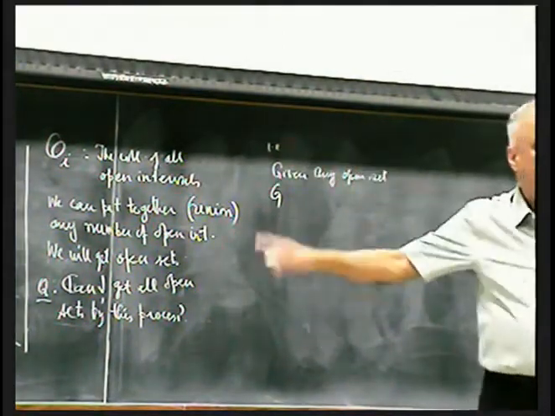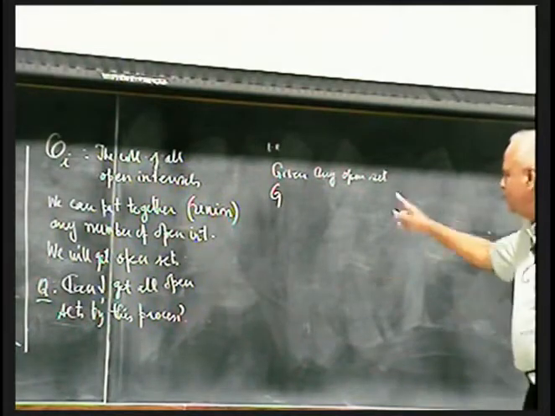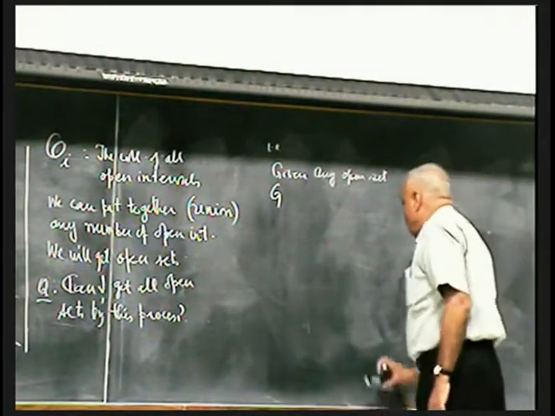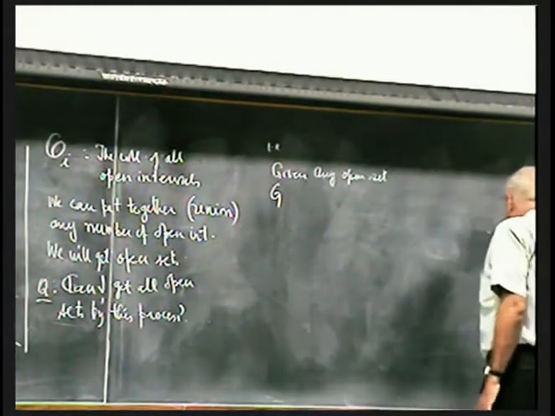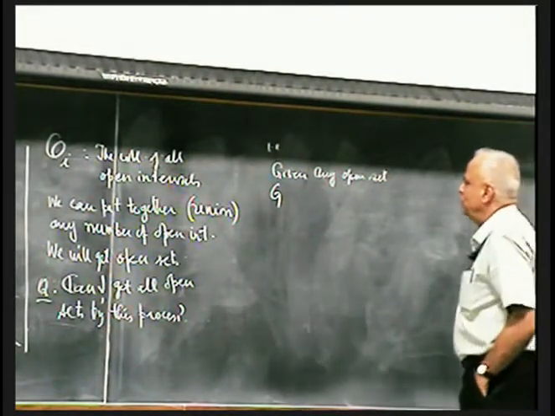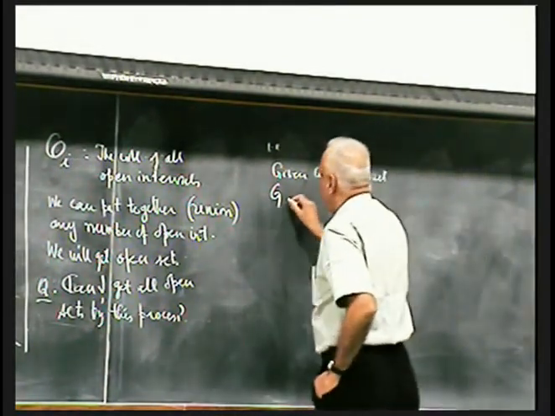It was denoted by script G, because G is the first letter of the word for open in German. So G was used almost in all old textbooks for open sets, and old timers like me always use G. Given any open set G, all this in R.